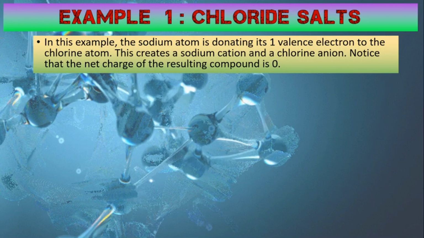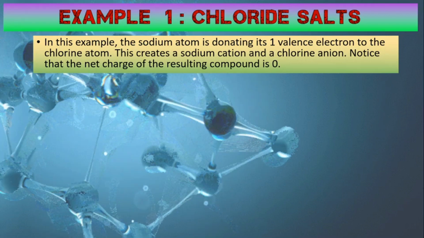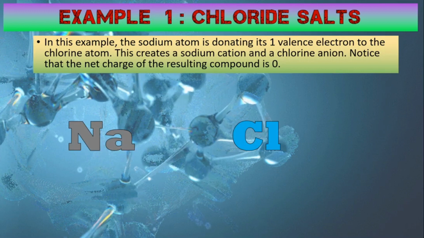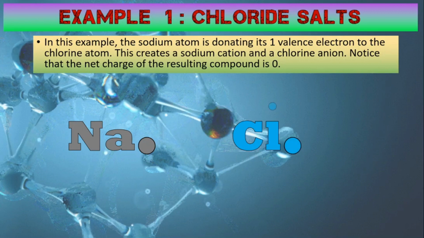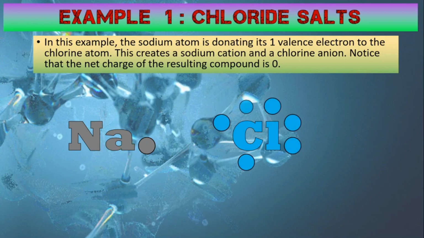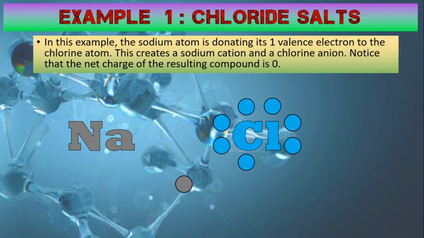Okay, so let's have this example. Chloride salts. In this example, the sodium atom is donating its 1 valence electron to the chlorine atom. This creates a sodium cation and chlorine anion. Notice that the net charge of the resulting compound is 0.